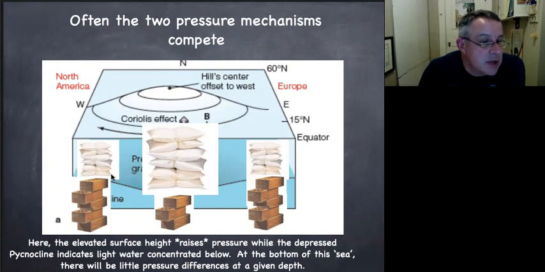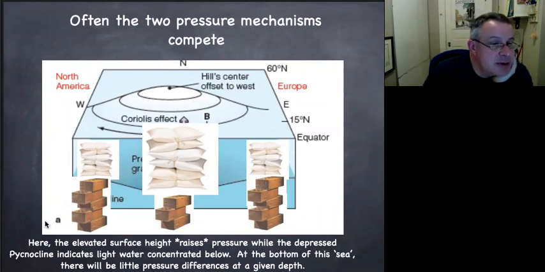But now, if the pycnocline is depressed underneath, when we get down here we're looking at the bottom of the stack of pillows, and it's being balanced by bricks on both sides. The bricks on both sides, from this deeper, denser water being relatively high because the pycnocline here is relatively shallow, mean that when we get down here, we might have the same pressure under these three stacks. Here we've got a medium-sized stack of pillows and a medium-sized stack of bricks. Here we've got a tall stack of pillows and a short stack of bricks. Medium, medium. Down at the bottom, it might actually have no pressure gradients among those locations.